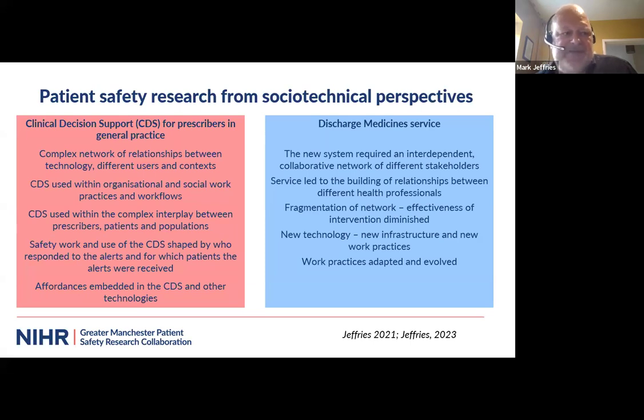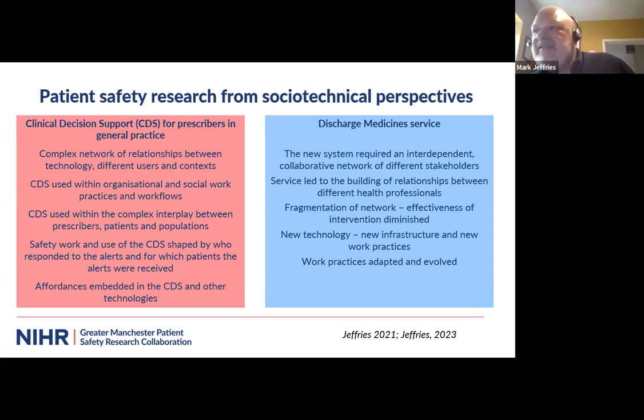And in fact, the community pharmacy also got an alert when one of their patients was admitted to hospital. It was specifically on patients who had those set boxes or had blister packs made up by the pharmacist.